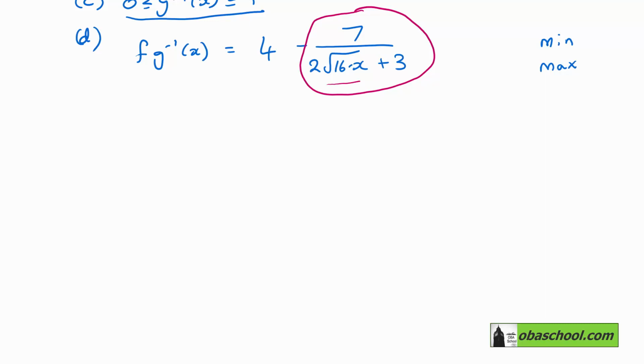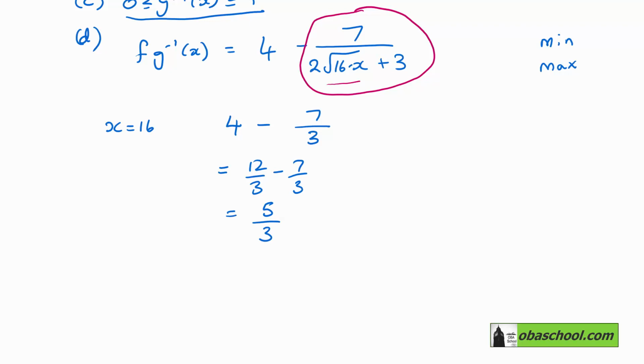To do that, we're going to want x equal to 16. So if we take x equal to 16, we are going to get 4 take away 7 over 3. So that is going to be 12 over 3 take away 7 over 3, giving us 5 over 3.